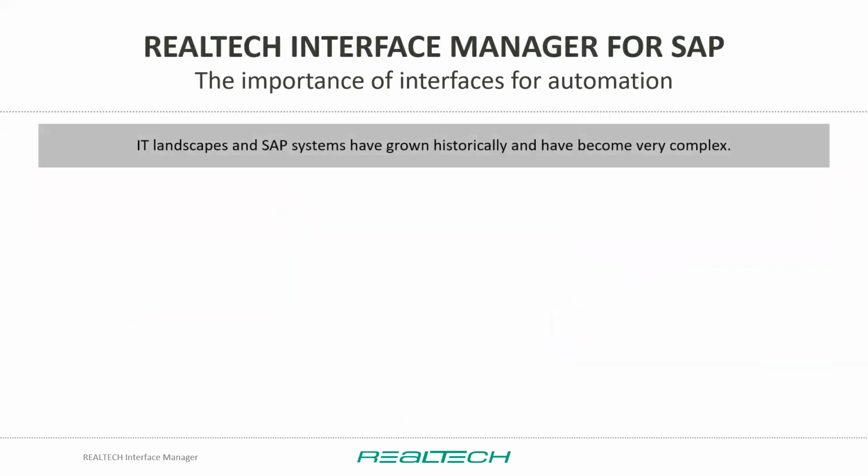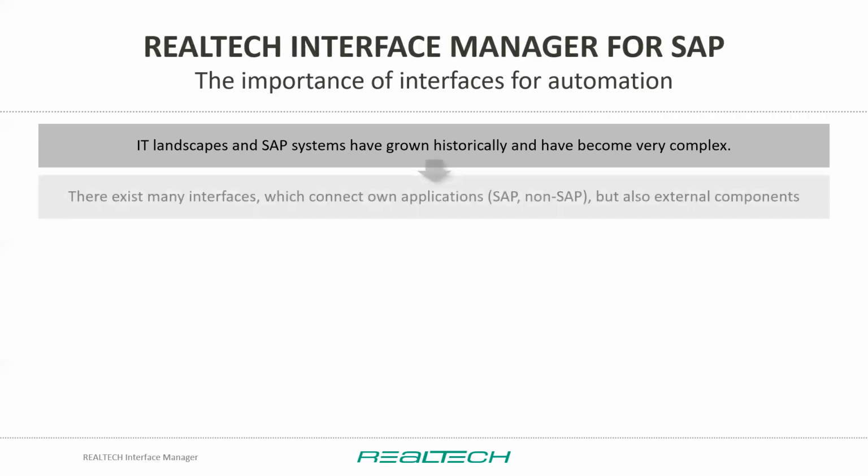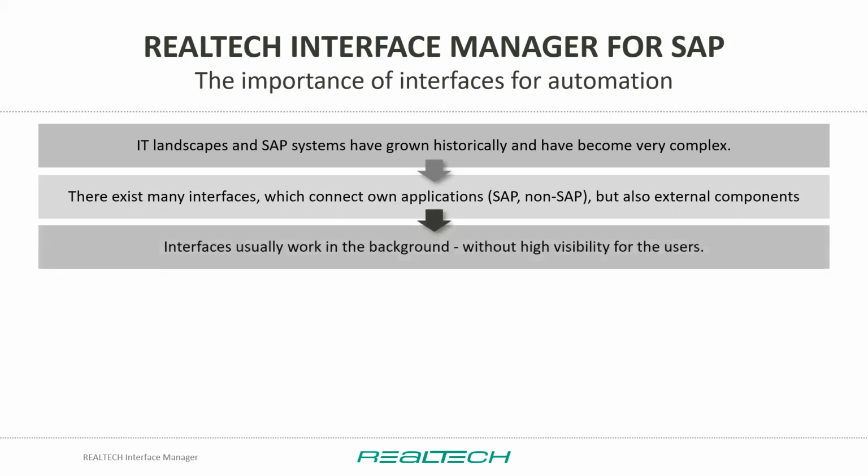So regarding the importance of the interfaces for automation, we have here the SAP systems, which have basically grown a lot and become very complex. And then many of the interface connections that have been built up during this time can also become very, very complex.